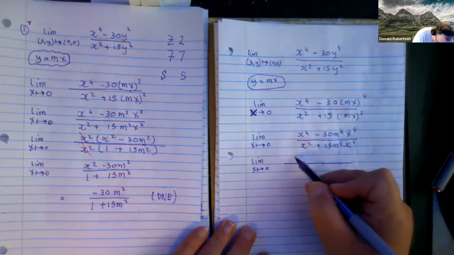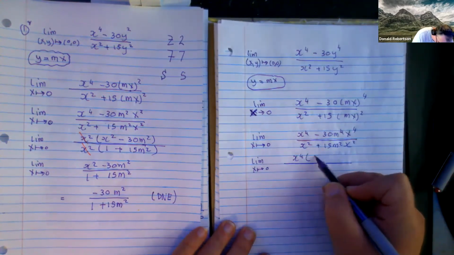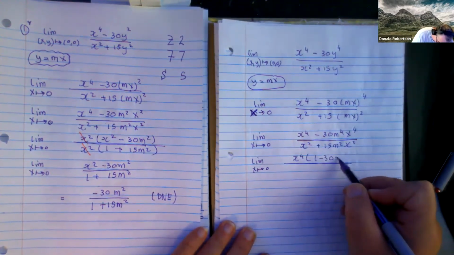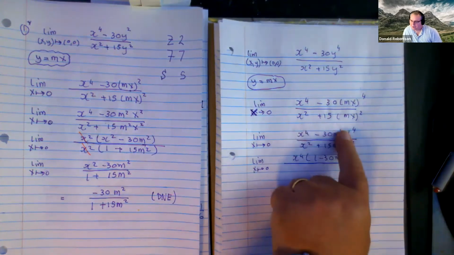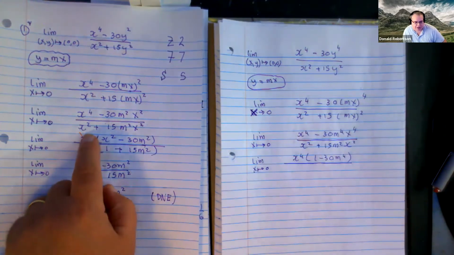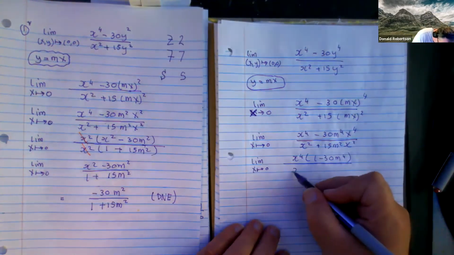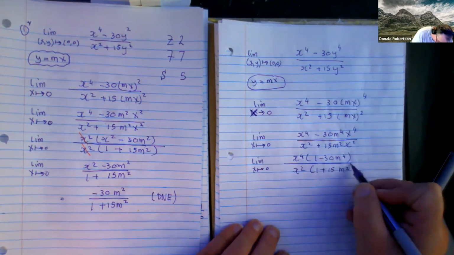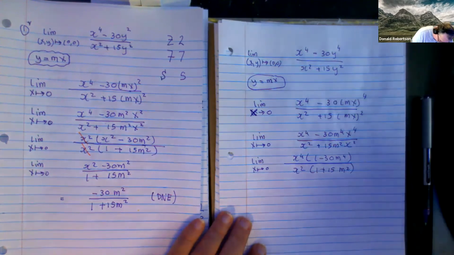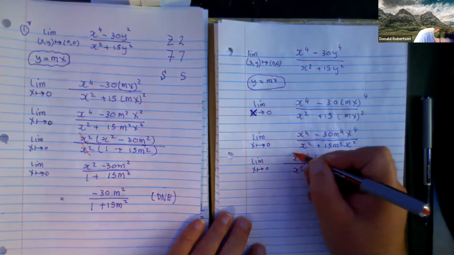Would you agree you can now pull out x to the 4 as a common factor? You agree? X to the 4. That's a little bit different. Right here it was only x squared. Now the bottom is still x squared. Now when I do my cancelling, won't I still be left with an x squared?